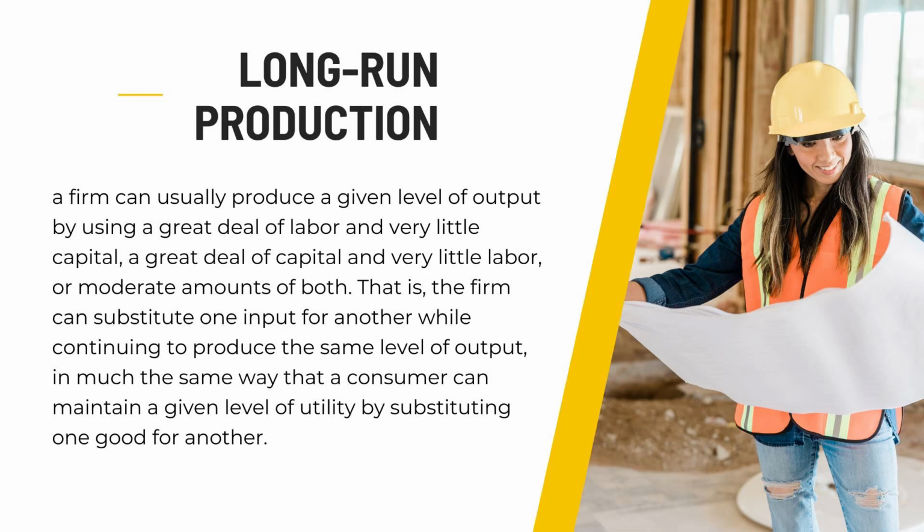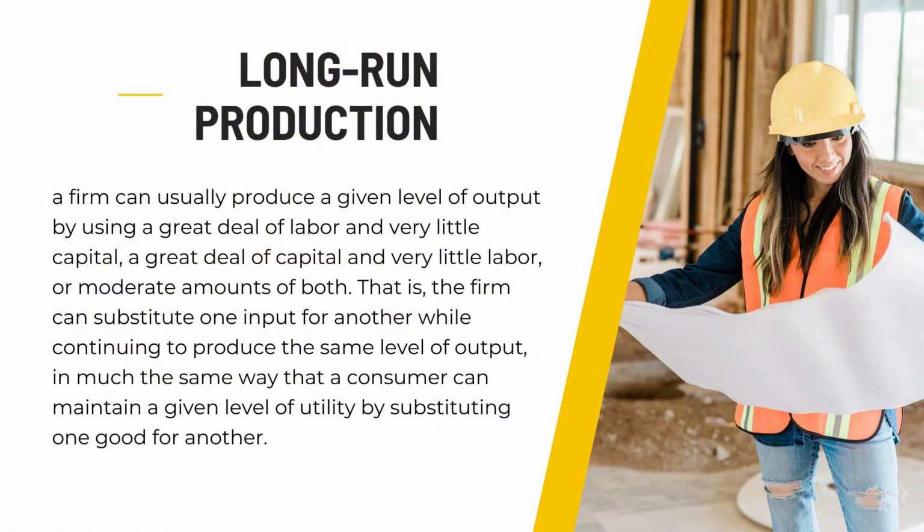Earlier, I discussed short-run production, where at least one input such as capital is fixed while other inputs like labor can be changed. Now let's move on to long-run production. In the long run, all inputs become variable, meaning that both labor and capital can be adjusted.